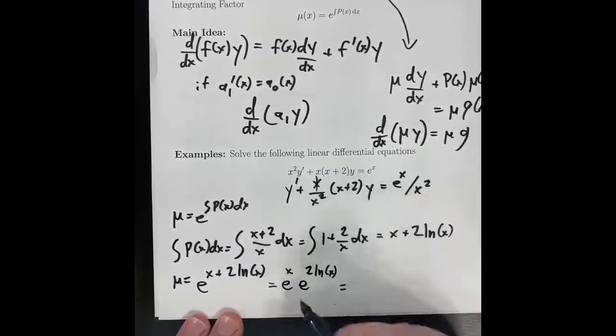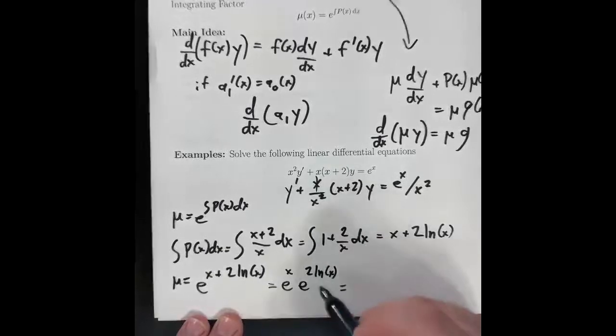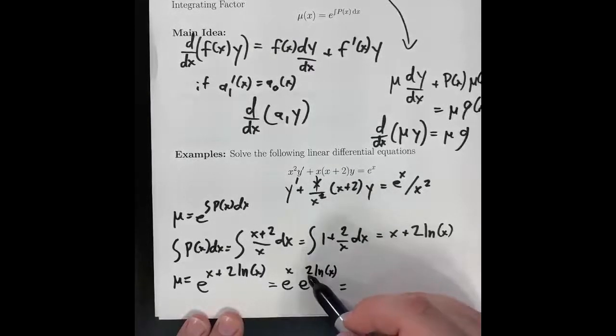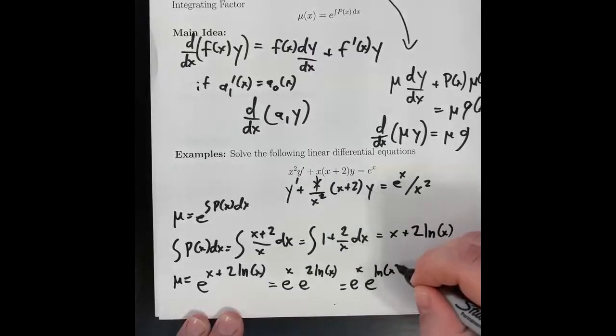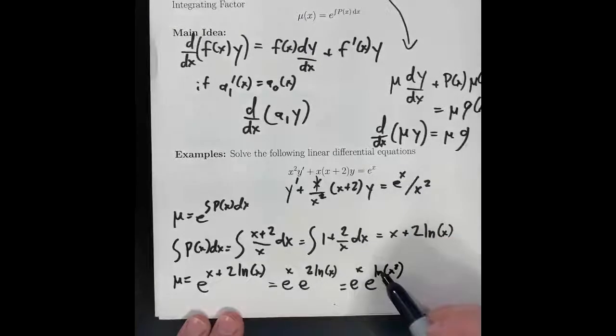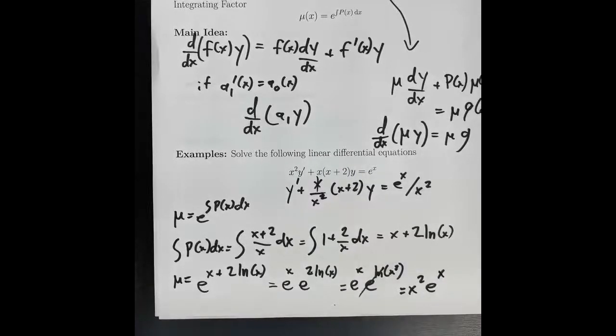Then we can use our log rules and move this 2 into the exponent of the x. So this is e to the x times e to the natural log of x squared. Now the e and the natural log cancel, and so this is x squared e to the x. That's our integrating factor, x squared e to the x.